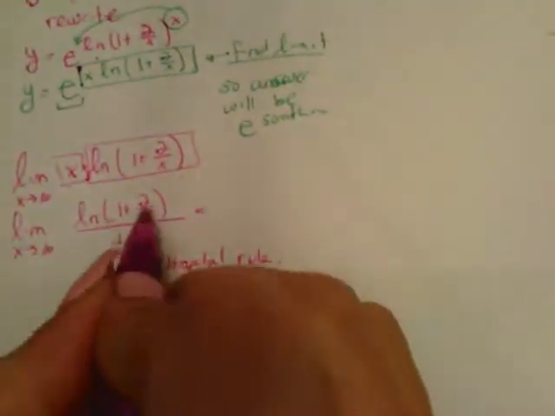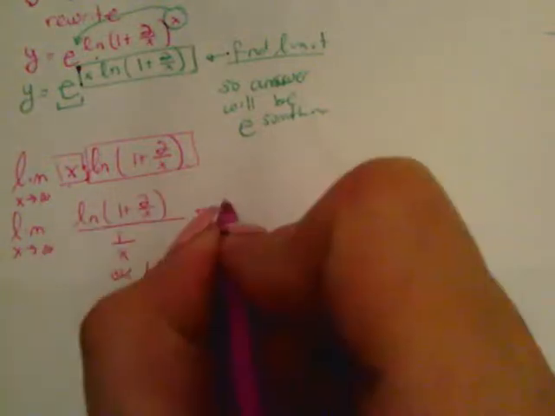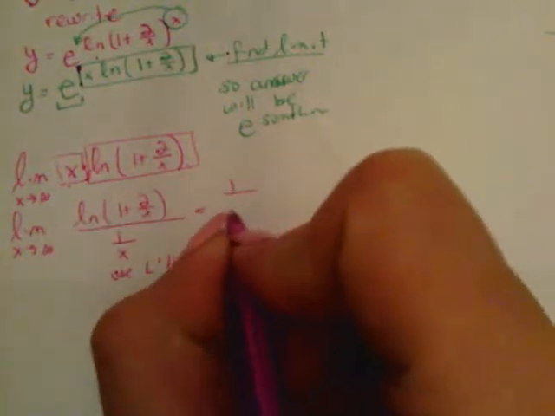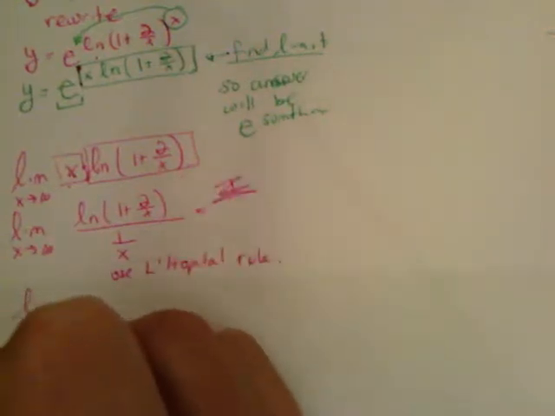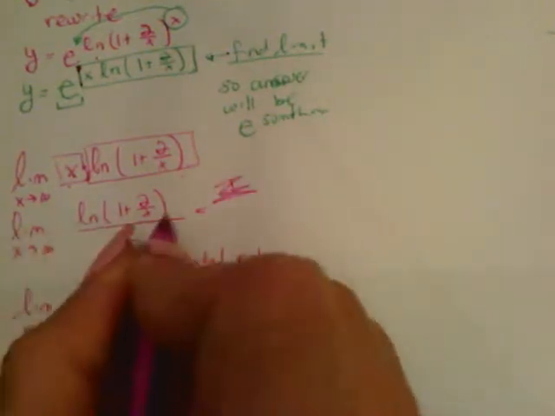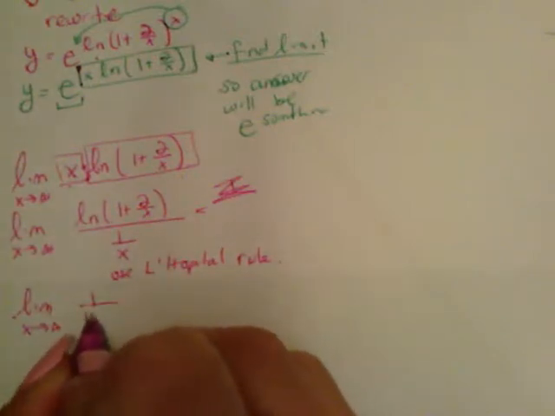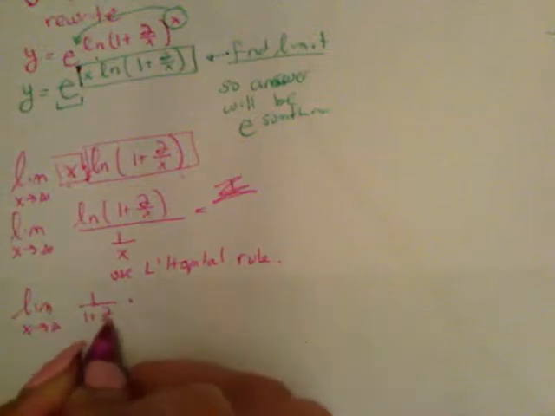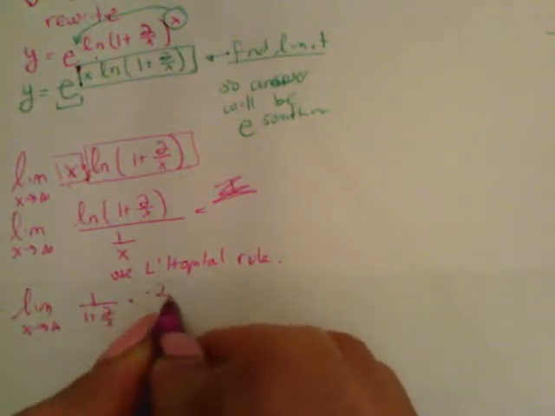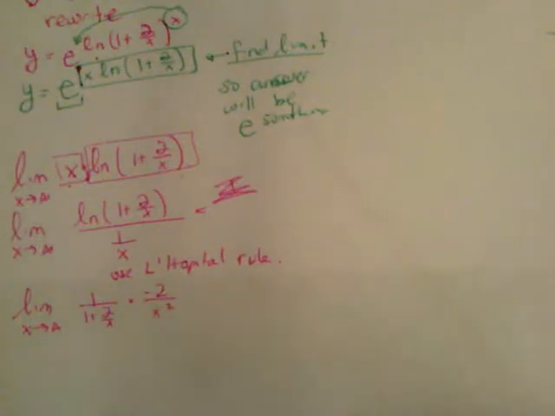So remember, the derivative of ln of something is 1 over that something times the derivative of that something, which ends up being negative 2 over x squared.